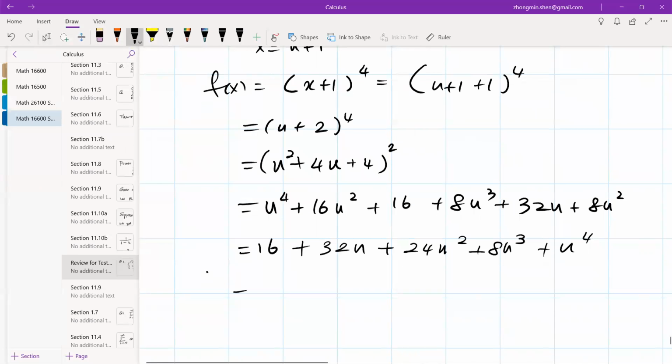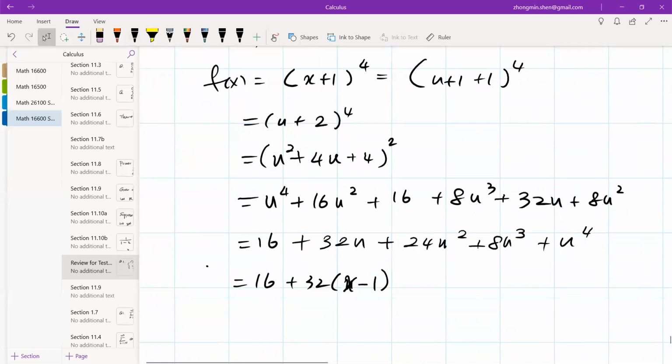So now you can express it in the form of x minus 1, right? Use x minus 1: 24 times x minus 1 squared, 8 times x minus 1 cubed, plus x minus 1 to the fourth power.